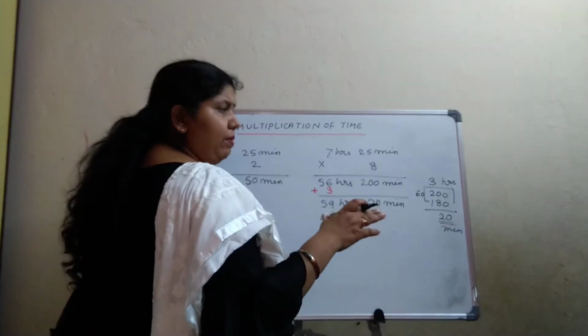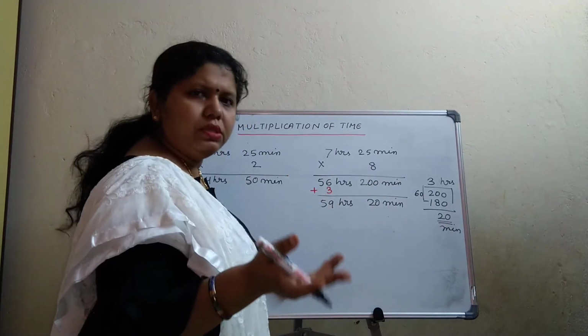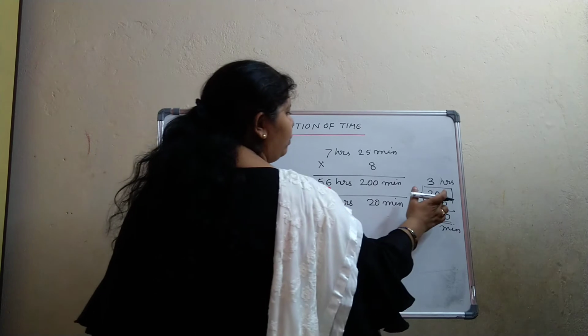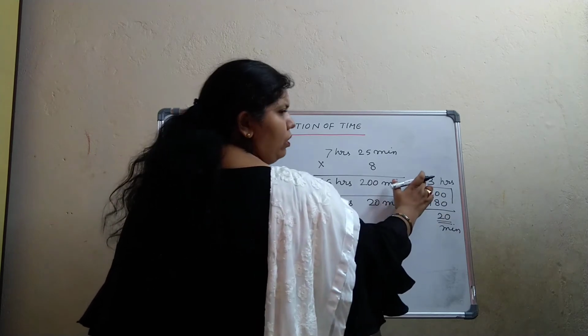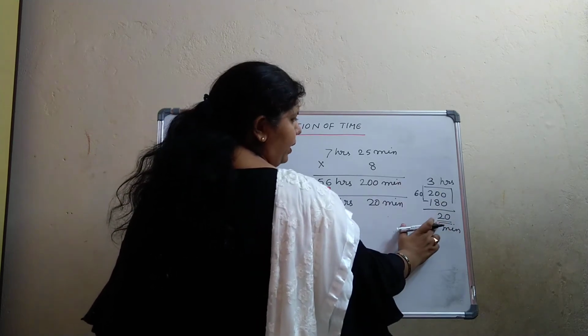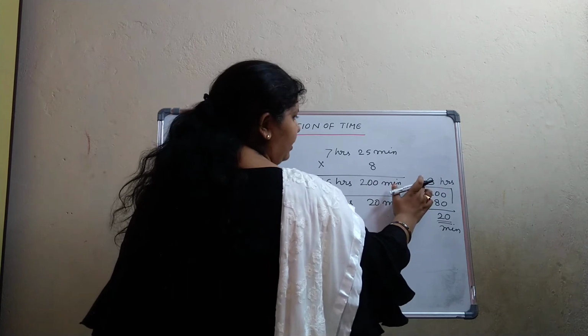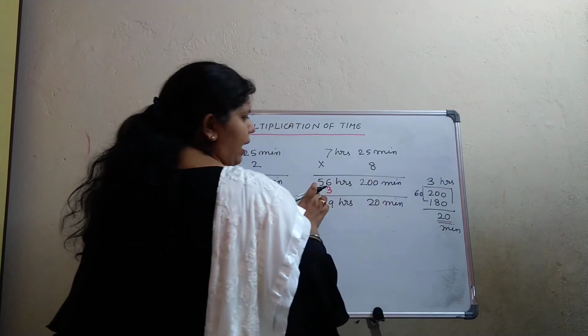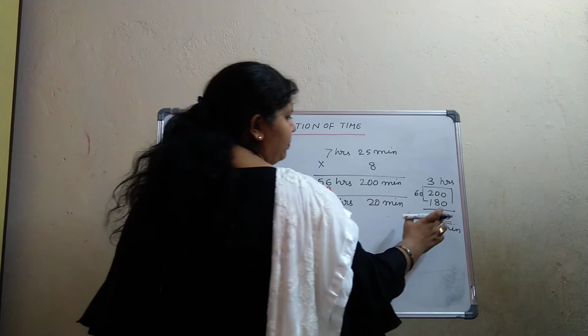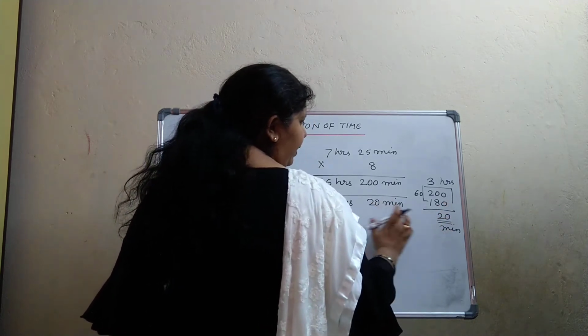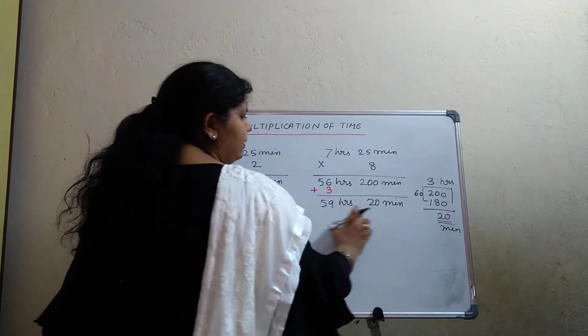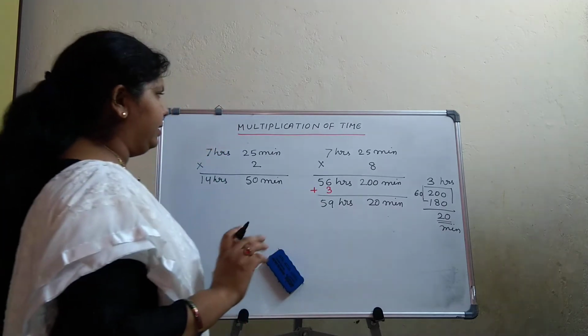Why 60? Because we know that 1 hour equals 60 minutes. We got the quotient 3 and the remainder 20. The quotient 3 is going to be added to the hour side, and the remainder 20 will remain in the minutes as such. So the answer is 59 hours 20 minutes.